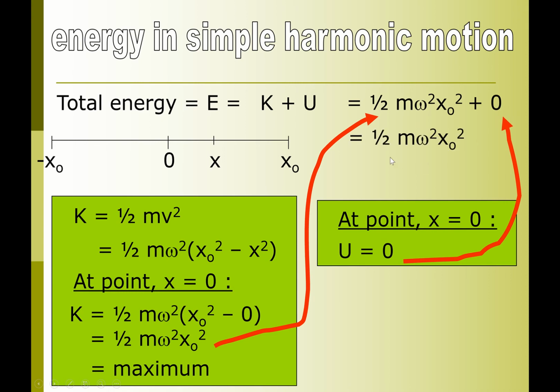So the total energy becomes half m omega squared x naught squared. From the principle of conservation of energy, the total energy is always constant. So this is the total energy and it is a constant value.